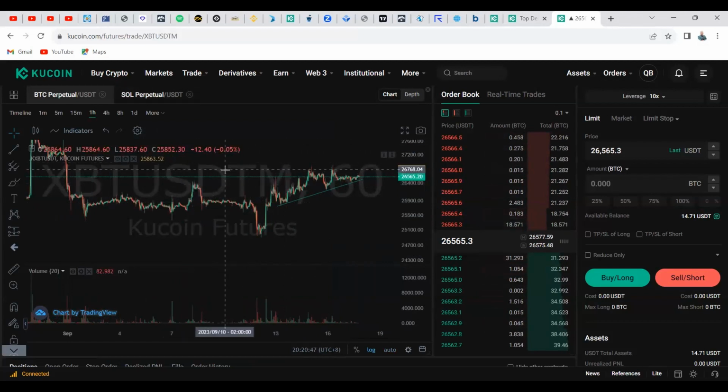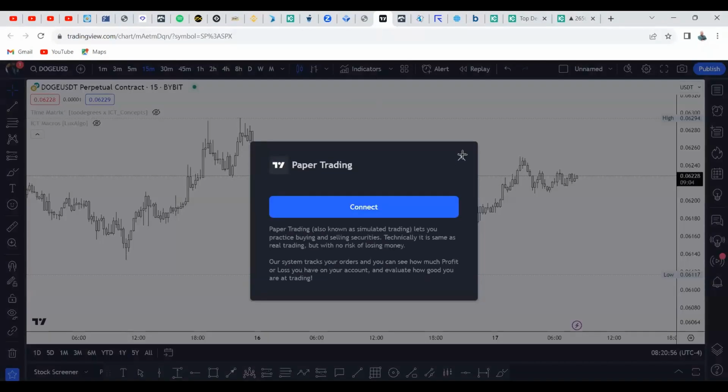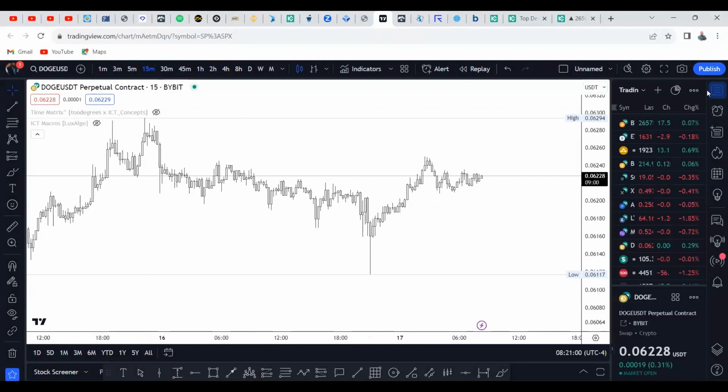Say, for example, I was going to analyze BTC perpetual. What I would do is go to my TradingView, and make sure that I select my broker as KuCoin.